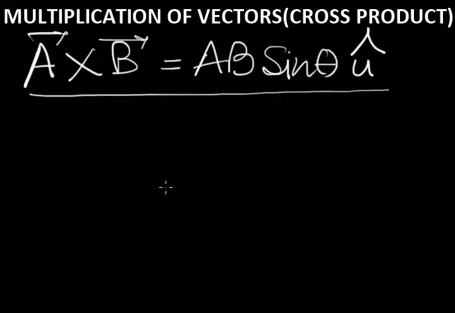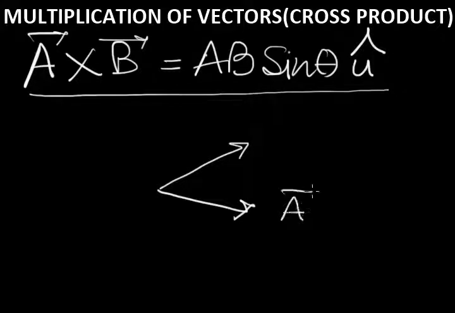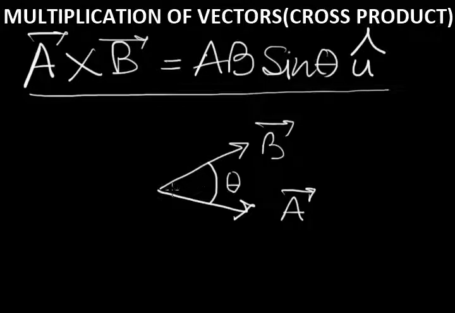Now first let us deal with the direction, then we will be dealing with the magnitude. How come AB sine theta? Regarding direction, what we should understand is that when I am multiplying vector A and vector B, say A and B, not B and A, I move my fingers from A to B, and this is the angle between the two vectors, and the direction is perpendicular to the plane of A and B. This is given by what we call the right hand thumb rule.